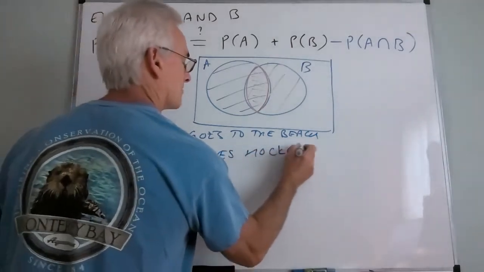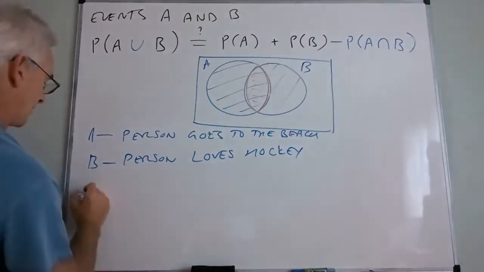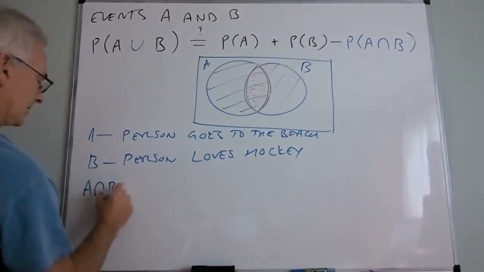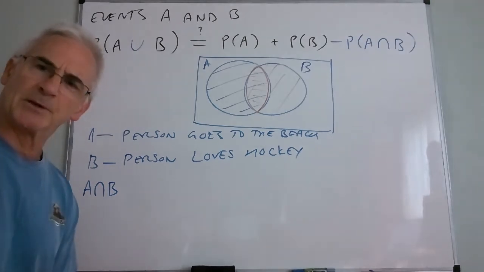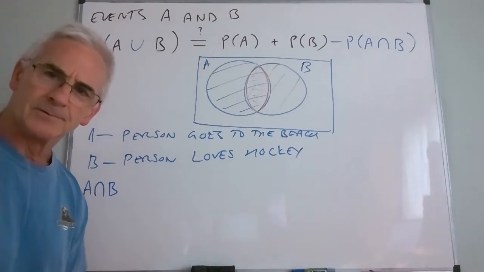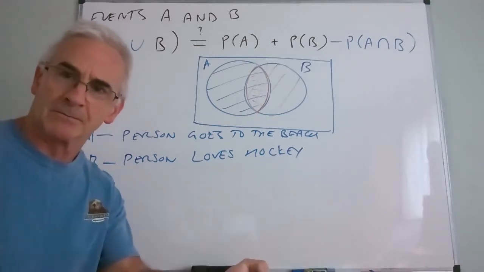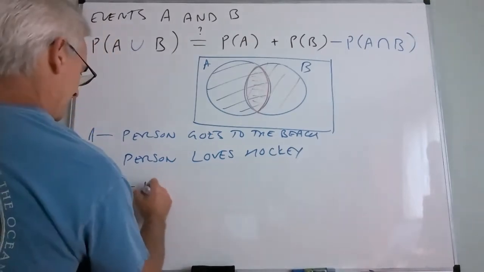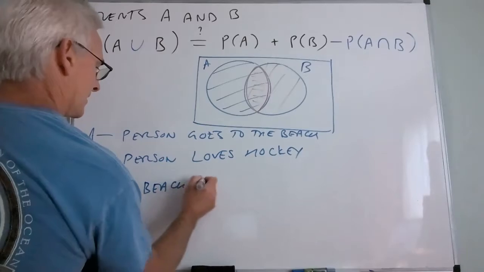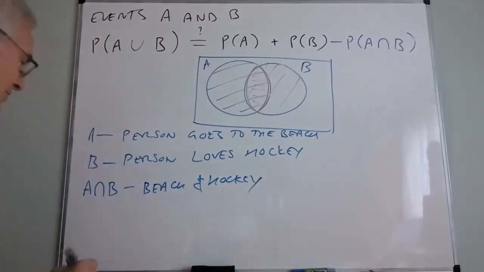And by the way, what would A intersect B be in that case? Who's in that group? He goes to the beach and loves hockey. Yeah, beach-loving hockey players or hockey-loving beachgoers. Okay, everybody agree with that? We'll just say beach and hockey.